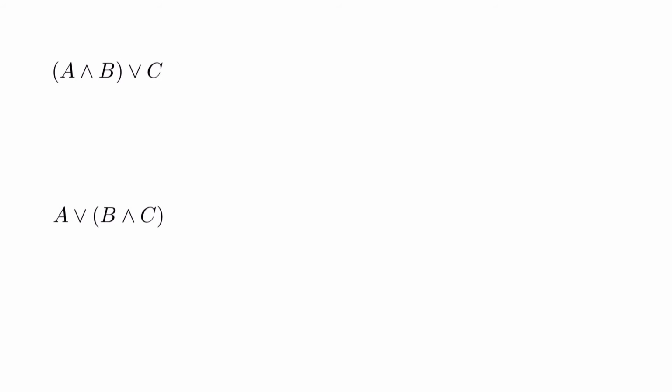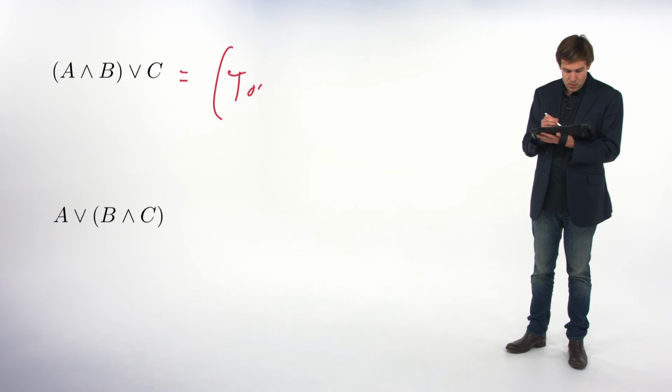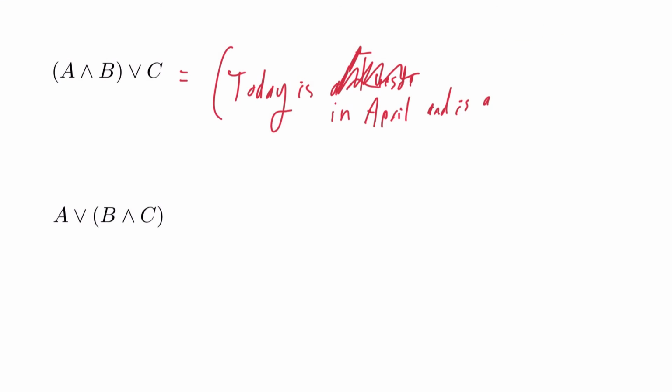Here I have a combination of things. So this means in parentheses, today is in April and is a Tuesday, or today is Wednesday.